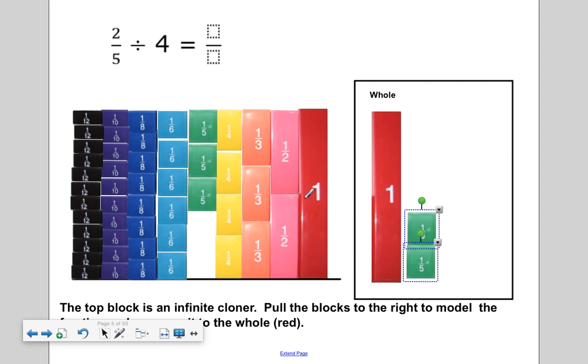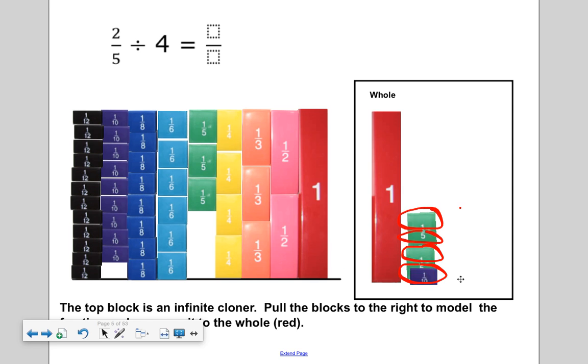Let's look at our example. You have 2/5. It says divide it into 4 equal groups. Let's see. That means this would be one group. This will be one group. This would be one group. This will be another group. Can I exchange this so I can actually see what fraction that is?